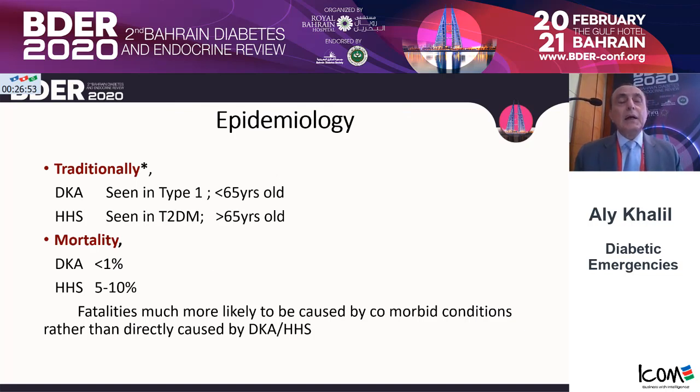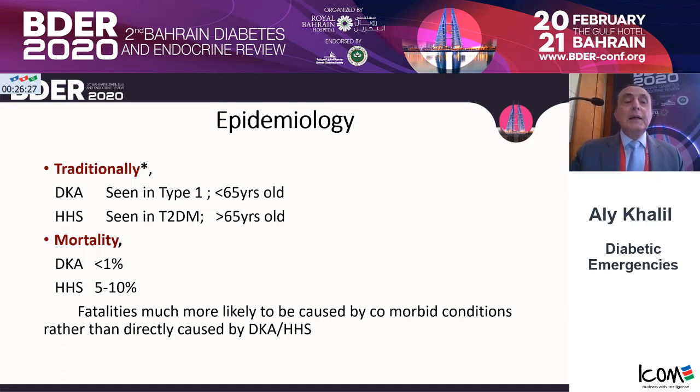Traditionally, diabetic ketoacidosis was seen in type 1 diabetes and in patients who were less than 65 years of age. And the other condition was seen in type 2 diabetes and more so in patients that were more than 65 years of age, mainly with comorbid conditions in nursing homes with multiple medical conditions.